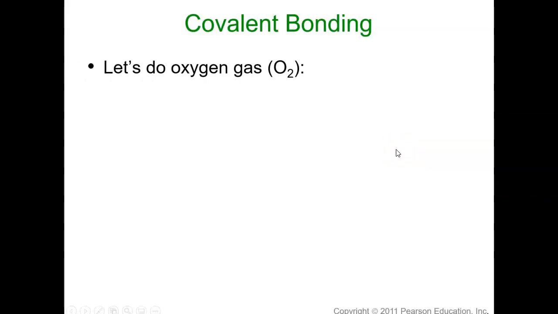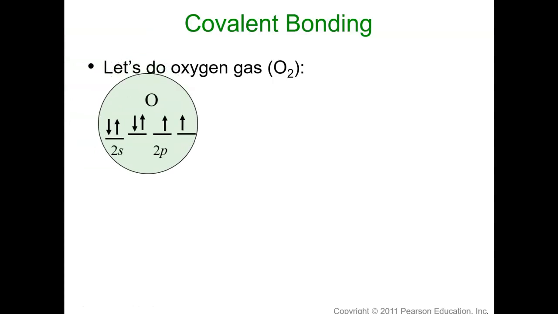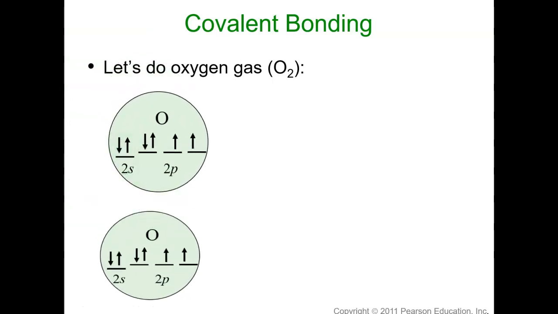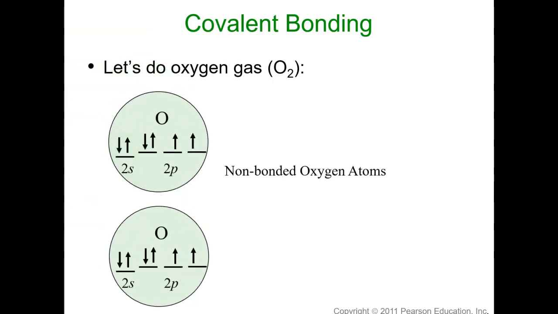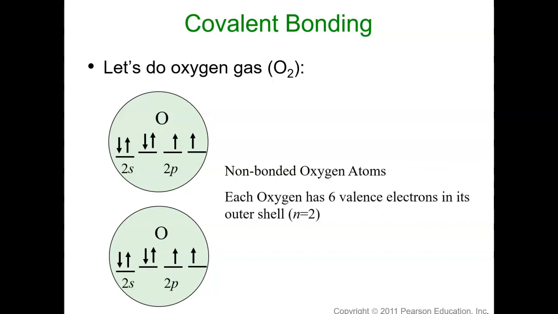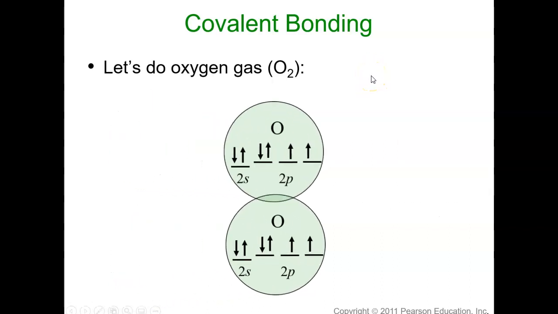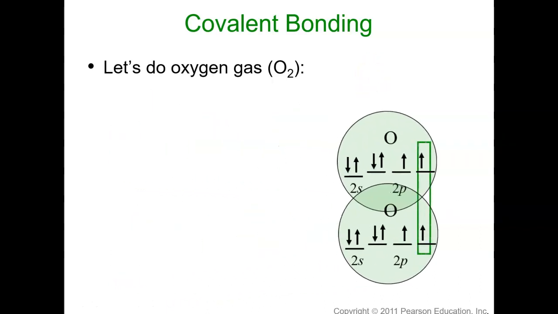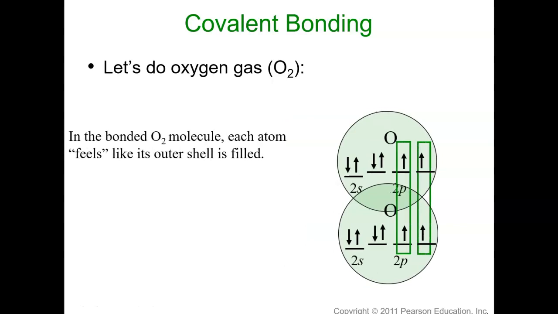Okay, let's try oxygen. So oxygen is in group 6, so it has 6 valence electrons. If we wanted to draw the orbital diagram, we could. Now, they're both two short, right? So what they do is they share 2 pairs of electrons.